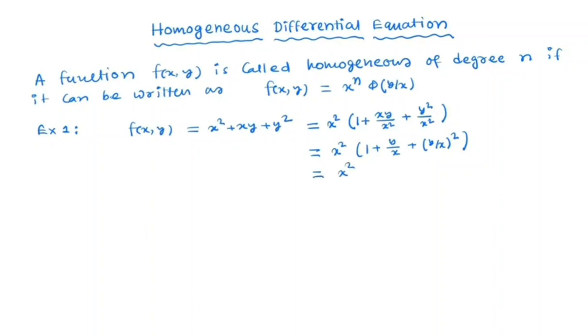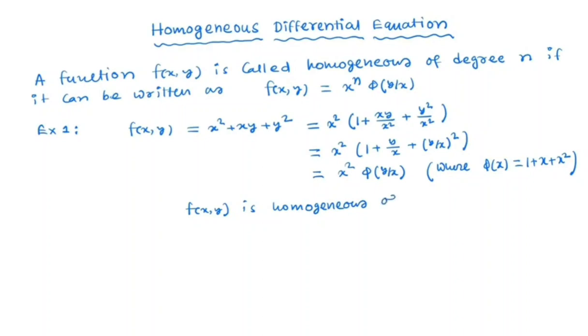So you can write it as x square times phi of y by x, where phi of t is 1 plus t plus t square. So f(x,y) is actually x square times phi of y by x. So we call this f(x,y) homogeneous of degree 2.